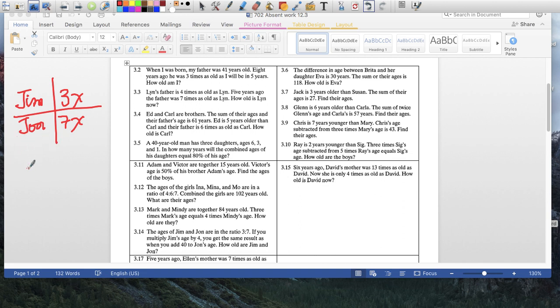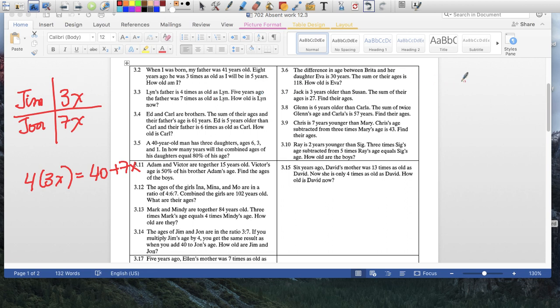If you multiply Jim's age by 4, which is 4 times 3x, you get the same result as when you add 40 to John's age, plus 7x. The reason you write 3x and 7x is because we don't know what their ages are, but you know it's in the ratio of 3 to 7.